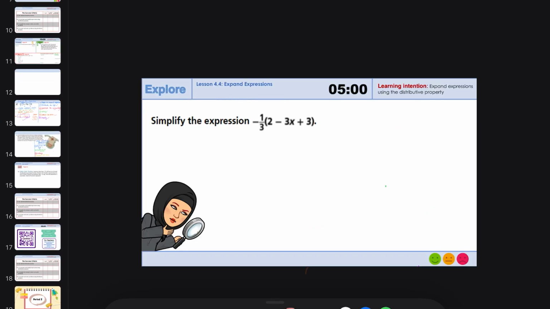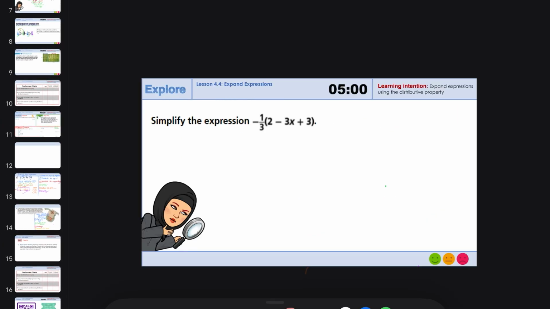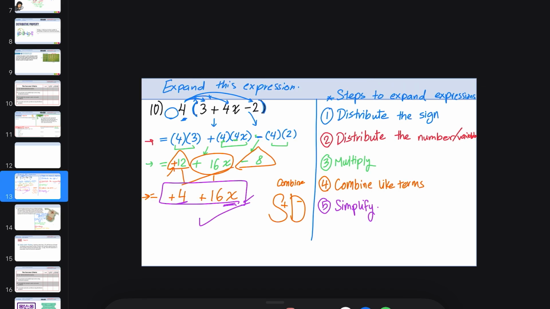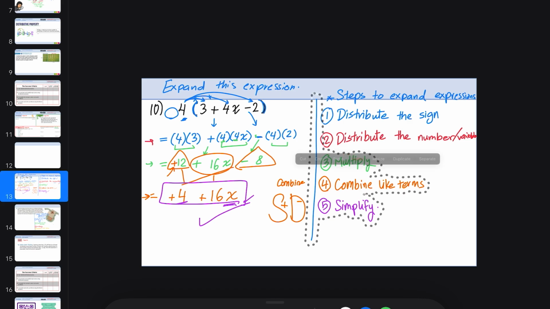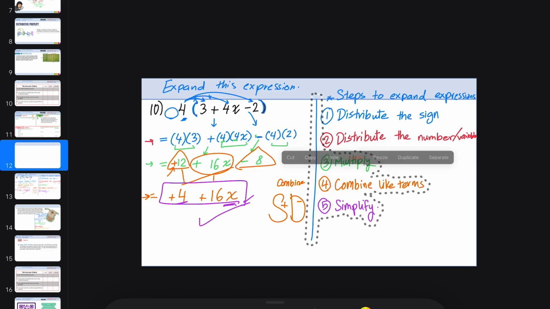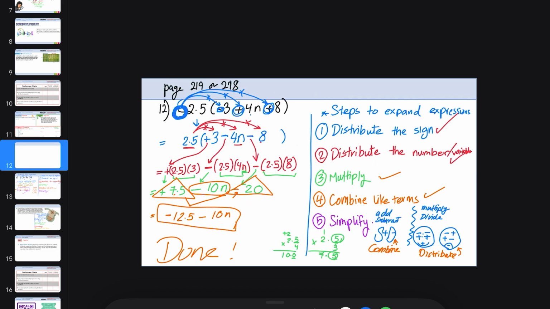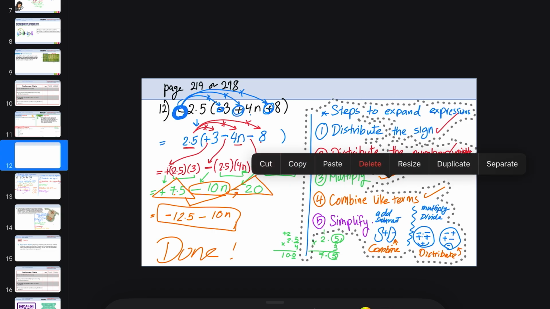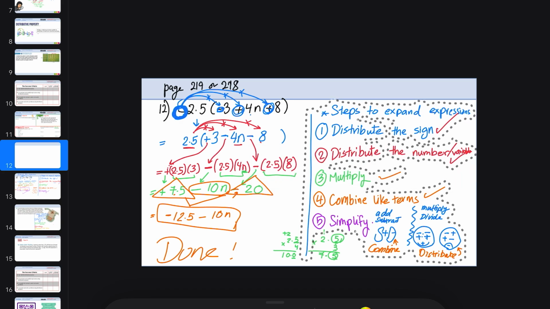This is the next example I'm gonna do, and it's gonna be the last example, maybe, I think. Maybe I'll take the other rows. Yeah, these. So we need these rules to follow while we are working with expanding expressions, okay?